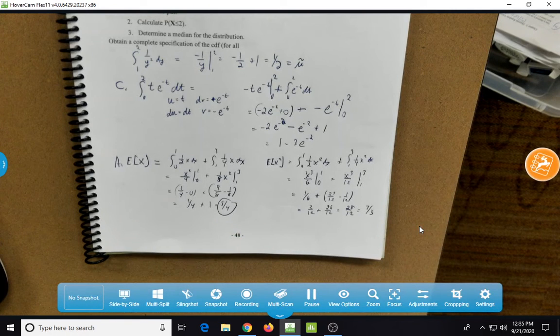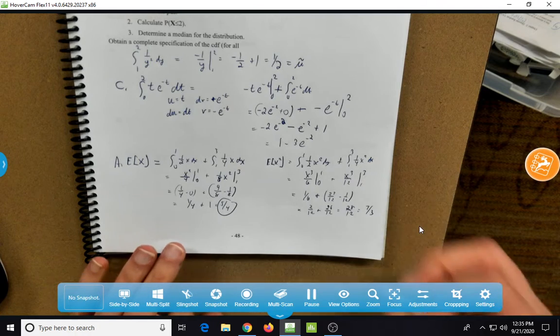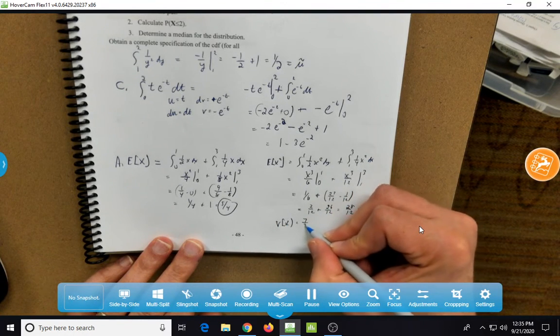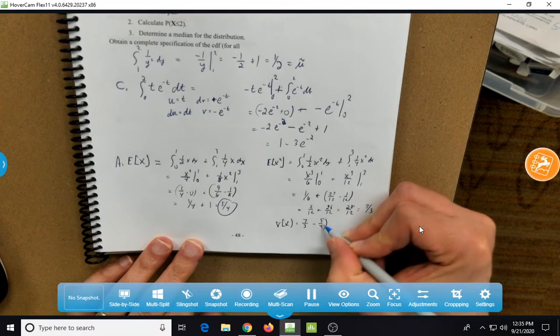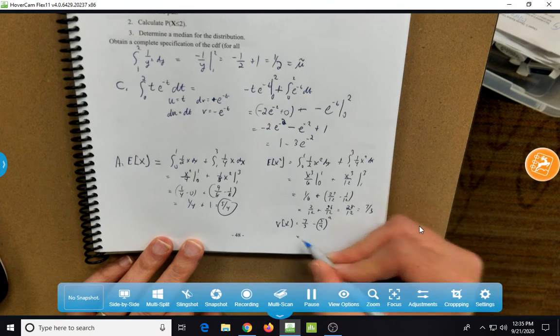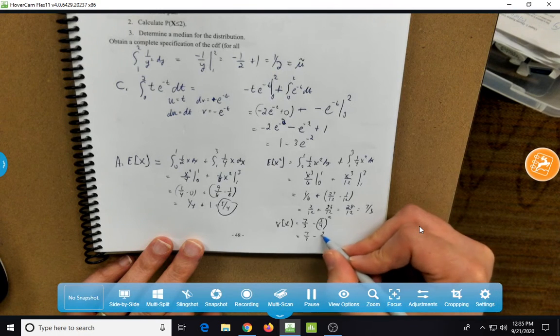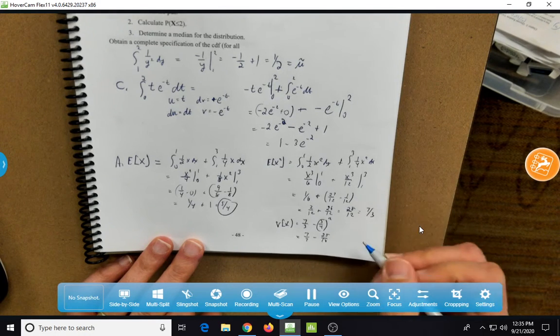Am I calculating correctly? Okay, and so the variance then would be 7/3 minus 5/4 squared. Oh boy, 7/3 minus 25/16.